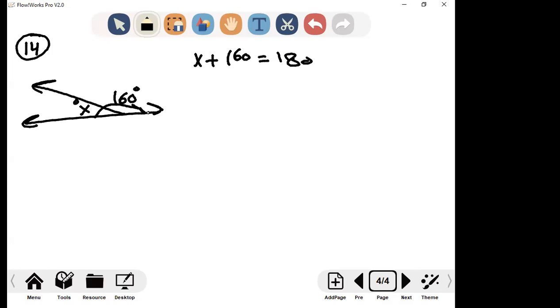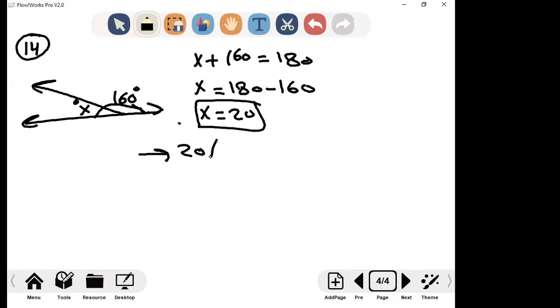Now x equal 180 minus 160 means x will be what? 20 degrees. This is the first step. We find x. The second step is to find what? How much is 20% of this angle, right? So the second step here, we need to find the 20% of the angle x, which is 20.